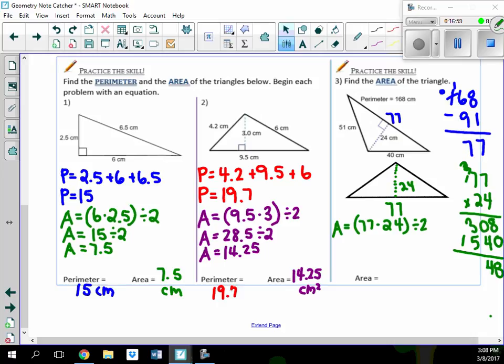So I have the area is 1,848 divided by 2. And when I think of this, I'm going to find half of, write this down please, half of 1,800 and then half of 48. So I would have 924.